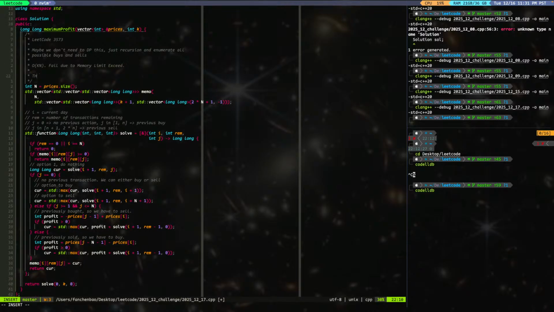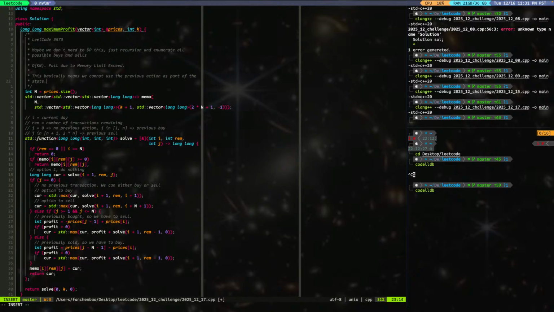This basically means we cannot use the previous action as part of the state. Right? We need to figure out something else. But what do you use?